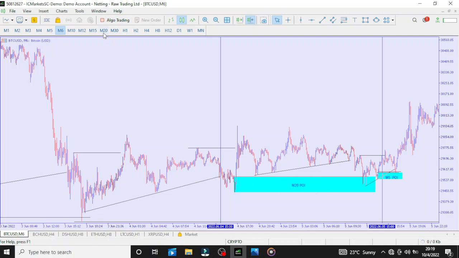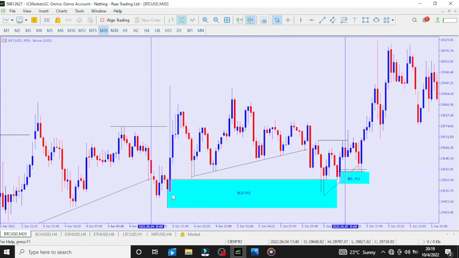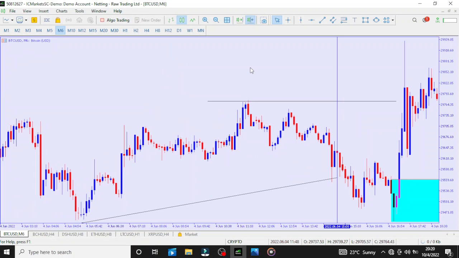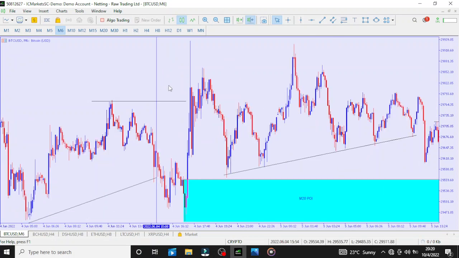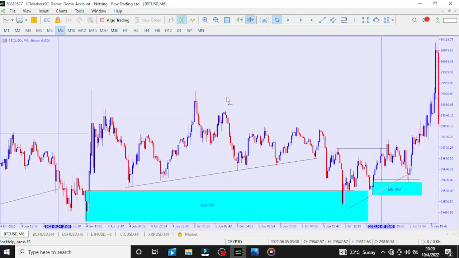There is this 20-minute point of interest, this one, which was left unmitigated, and this liquidity right here, and the price went on to mitigate this point of interest and broke the structure to the upside. At this point, I'm definitely convinced that I see a bullish motive. I see the bullish intent. So guys, that's where time and sessions come in.